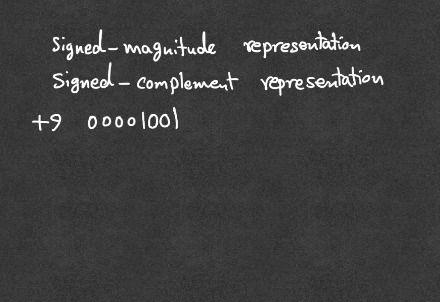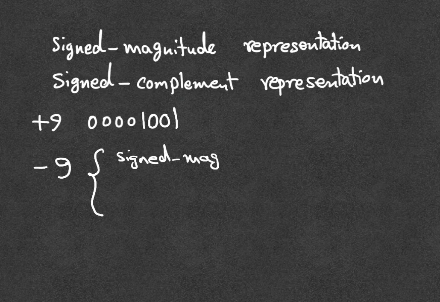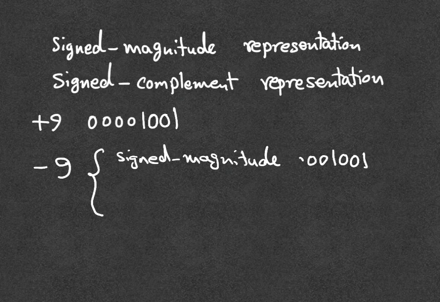A negative number is indicated by its complement. So the representation of minus 9, as I showed in the sign magnitude, you can write it as 1001 is your 9, and then you get 0001. So this is an 8-bit.